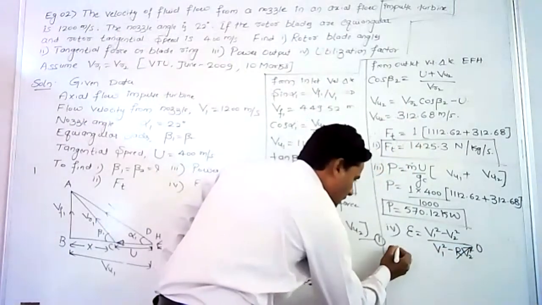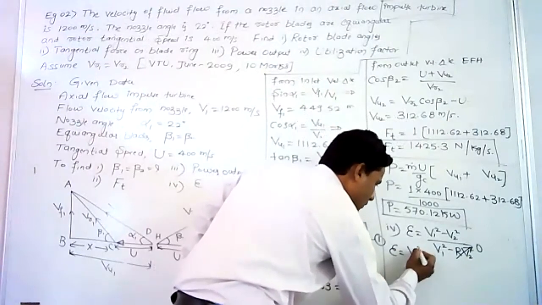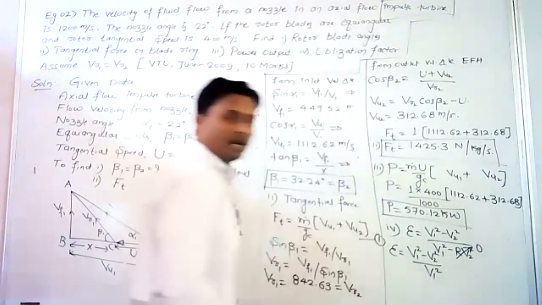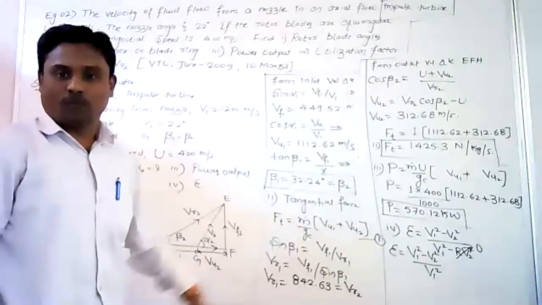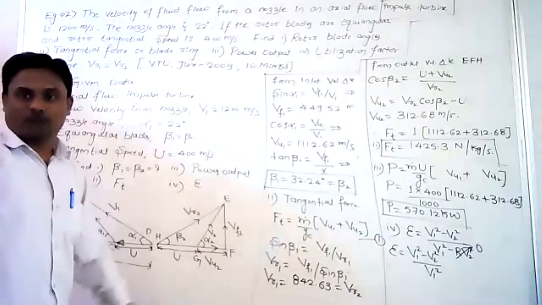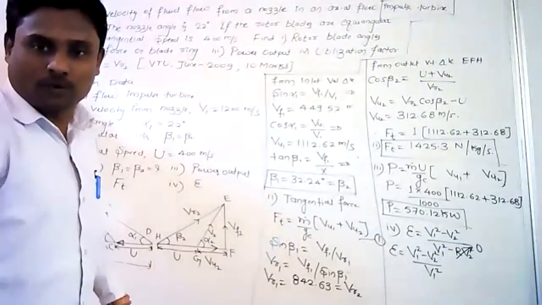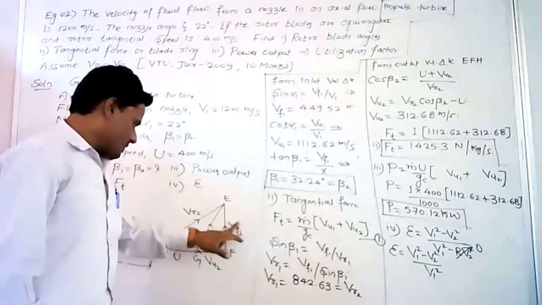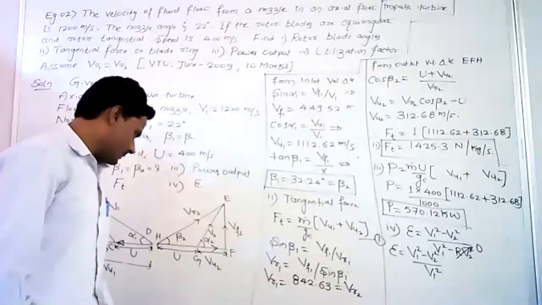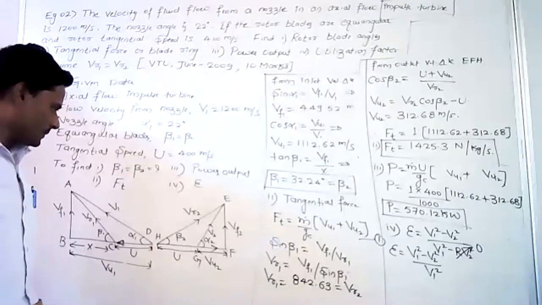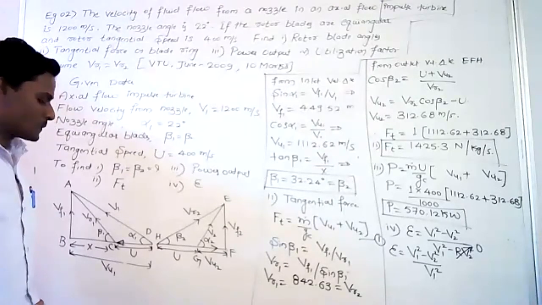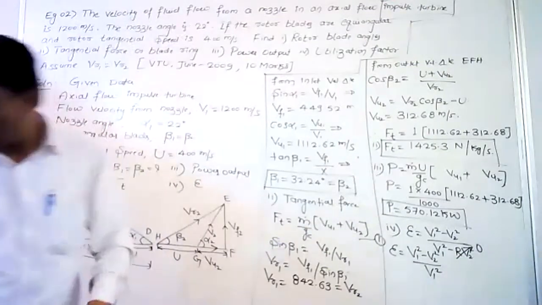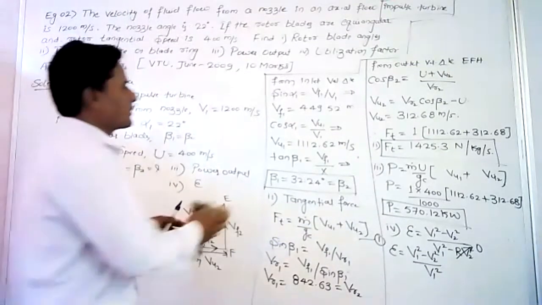Now here epsilon equals V1 square minus V2 square divided by V1 square. The only unknown is V2. Get the value of V2 and substitute in this equation to get the utilization factor. So find out the value of V2 here.